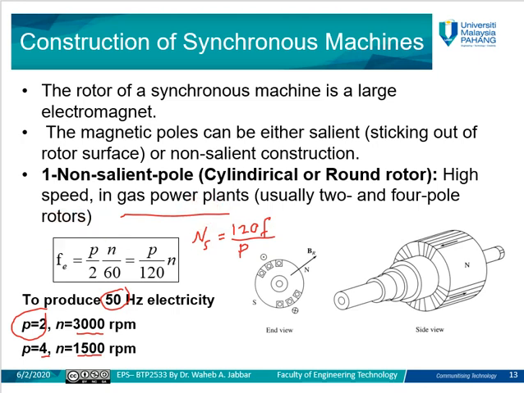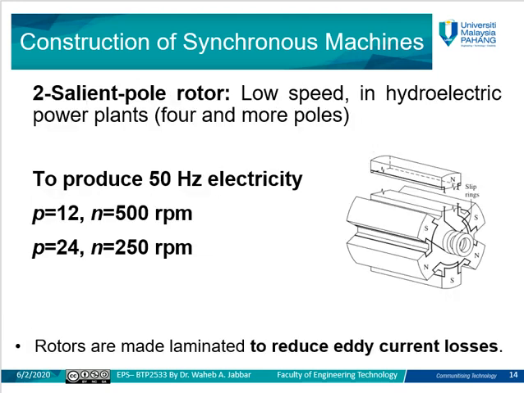Okay, the second type we call salient pole, and the salient pole type consists of multiple poles, more than four poles. Since the number of poles is high, the speed of such a machine becomes lower. As we can see here, if we have 12 poles, the speed becomes 500 based on the previous formula, or if we have 24 poles, the speed becomes 250 rpm.